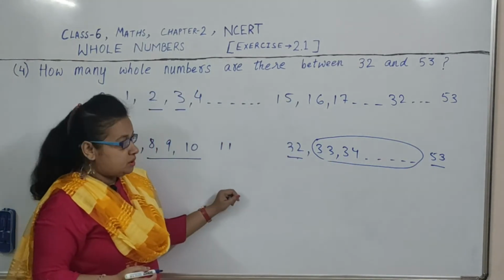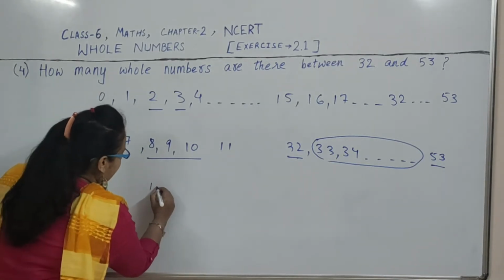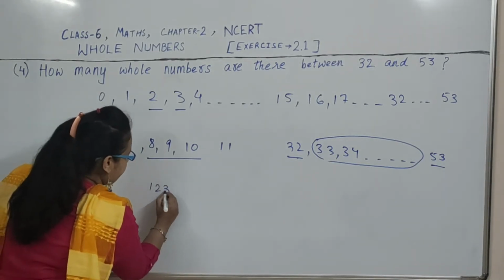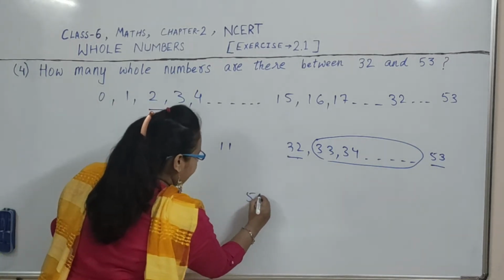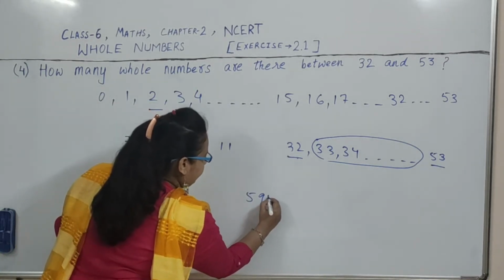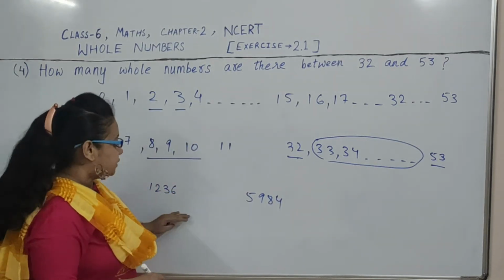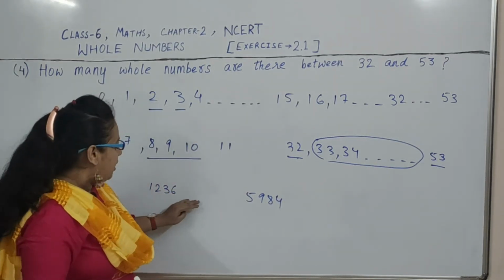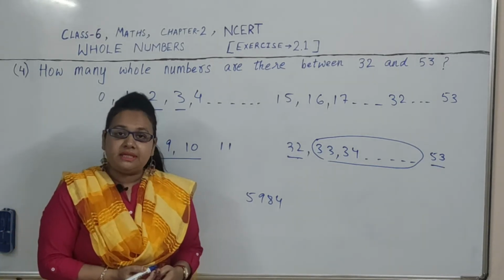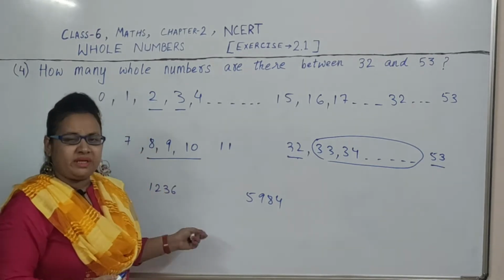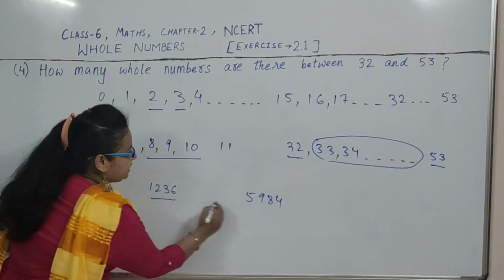But suppose when the gap is large, suppose someone asks how many whole numbers are there between 1236 and 5984. Will you go on writing the numbers and count them? No, it is not possible, because there will be many more numbers between these two numbers.